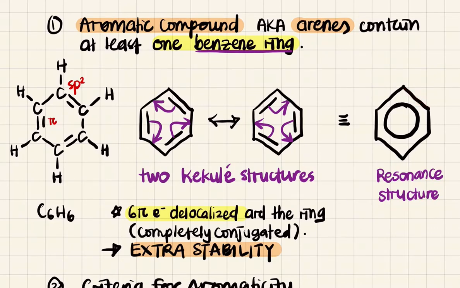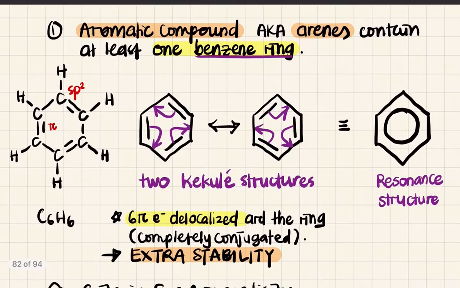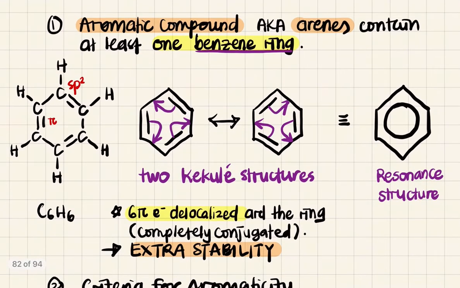Because of this 6 pi electron delocalization around your ring, dia boleh bergerak-gerak tu, this actually gives extra stability to your benzene ring. So benzene ring, dia punya stability adalah higher than typical alkenes je. Sebab dia adalah satu ring yang sangat padu lah gitu. Maksudnya susah lah untuk awak nak pecahkan ring ni.